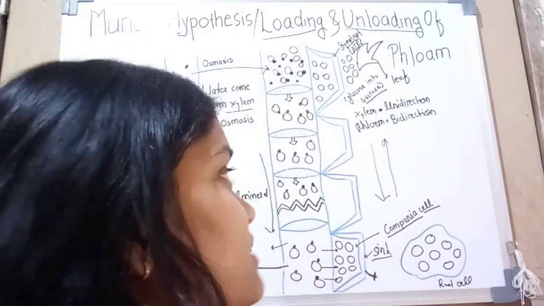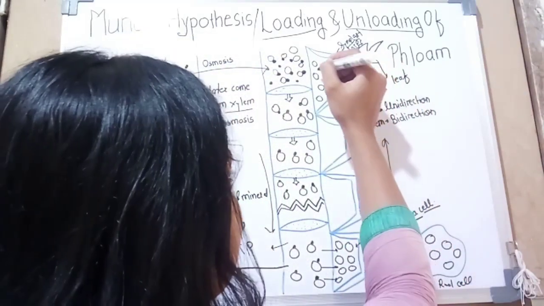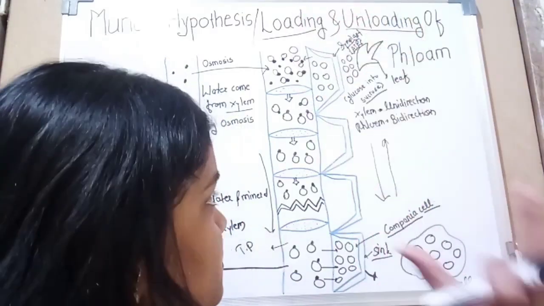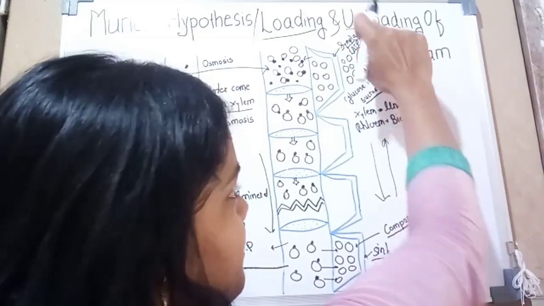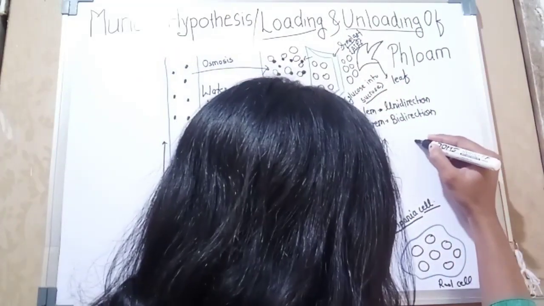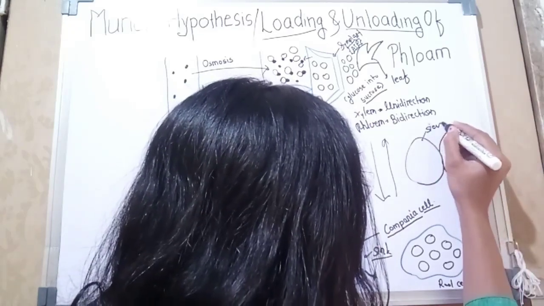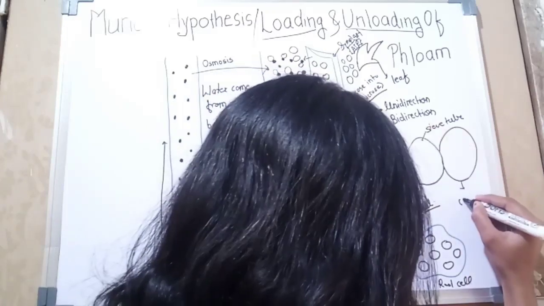In addition, I want to tell you that when sucrose molecules enter the sieve tubes, as I told you, it may be through symplastic pathways or apoplastic pathways. For that they require energy. So let's see, this is one cell and this is another cell. These are the cells which are sieve tubes, and these are cells which may be companion cells.